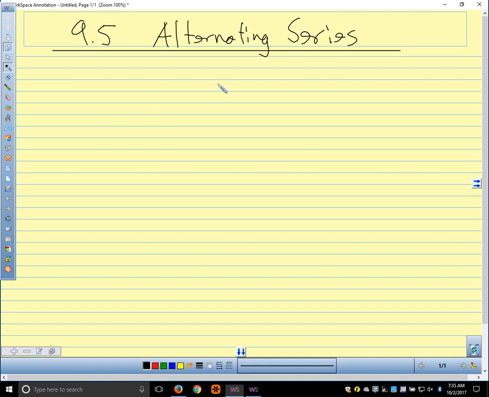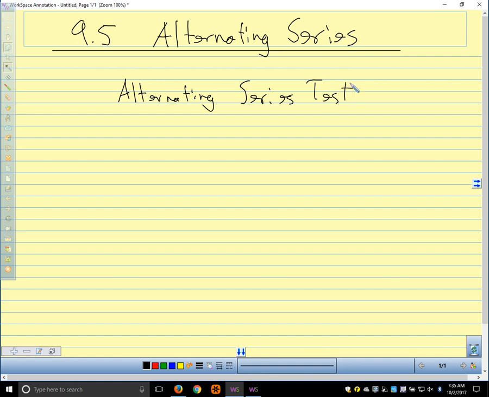So for alternating series, we have a nice test, the alternating series test. The way our book does it, it says that a sub n is greater than 0, and then we just use a -1 to the n or a -1 to the n plus 1 to give us an alternating piece. So the a sub n that we're talking about is the positive part.